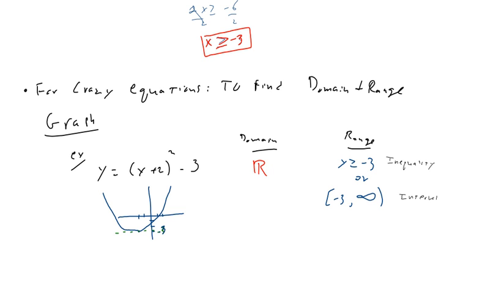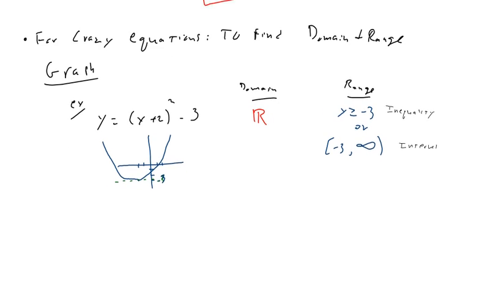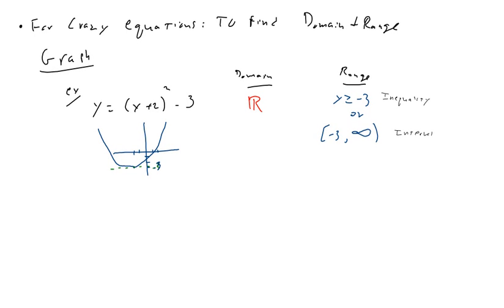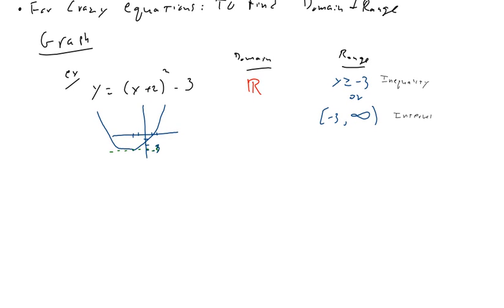But for crazy equations, you want to do some graphing. Okay. What else? There's another example. For example, there's a function, f of x equals, let's say, negative 2 to the power of x plus 1.